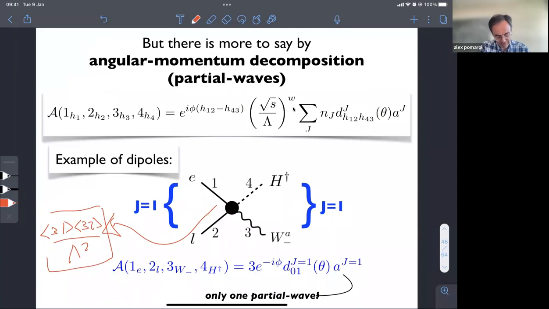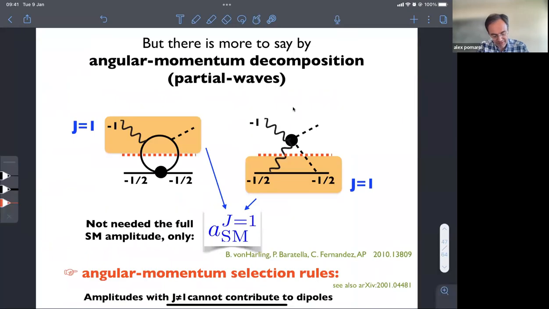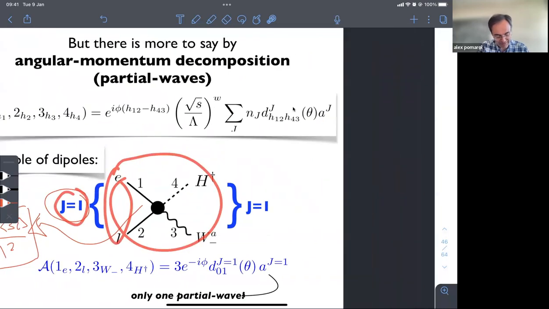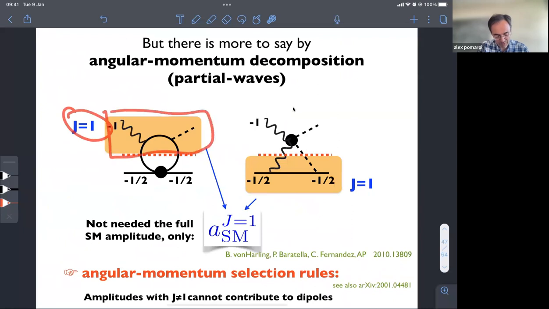When I look at this amplitude, this is only coming from J equal 1. Of course, if I look at the generic amplitude, there can be all J's. But to calculate a contribution to this dipole, since these states are in J equal 1, I only need the J equal 1 partial wave of this amplitude.